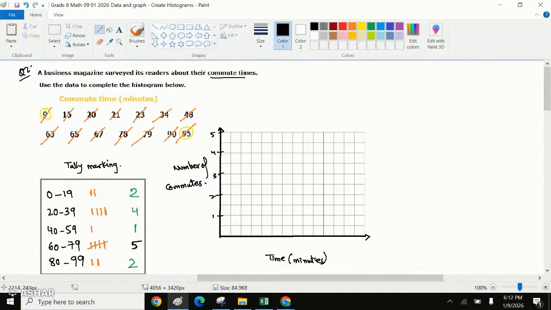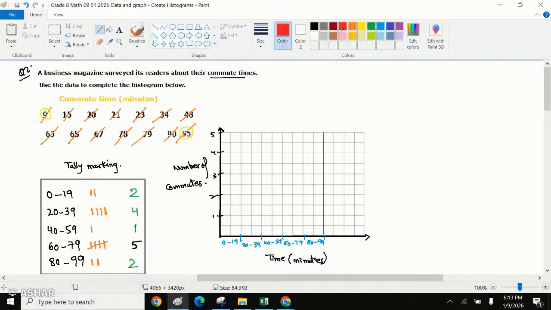And the time we took was in the durations of 0 to 19 and so on. So again, let's try to take two boxes each. 0 to 19, this would be 20 to 39, this would be 40 to 59, this would be 60 to 79, and the last one would be 80 to 99, right?